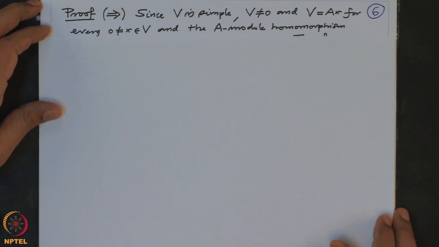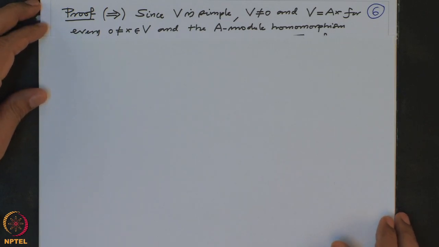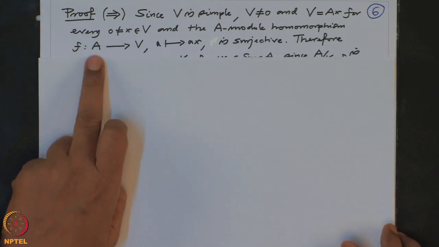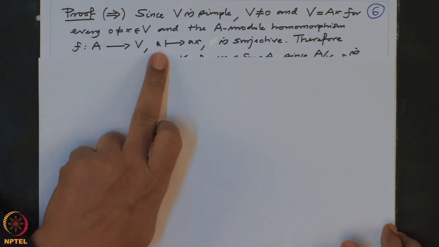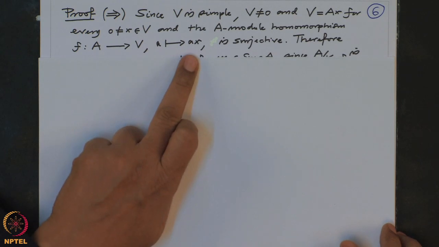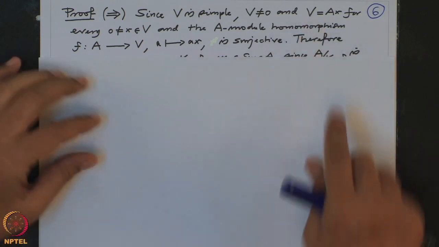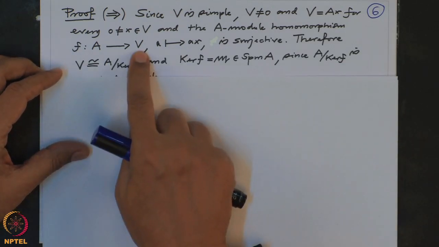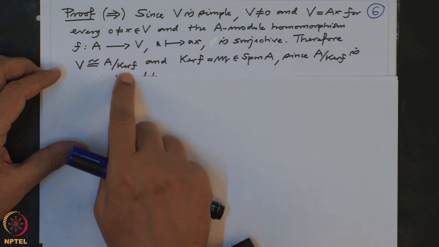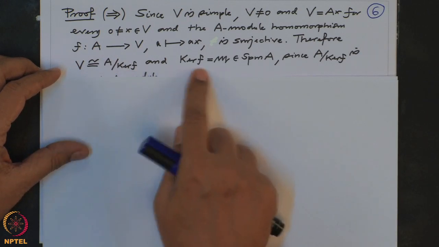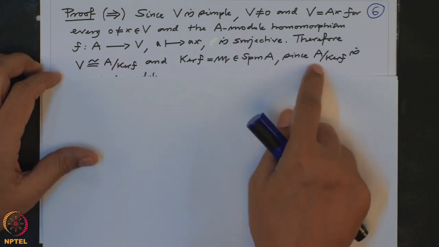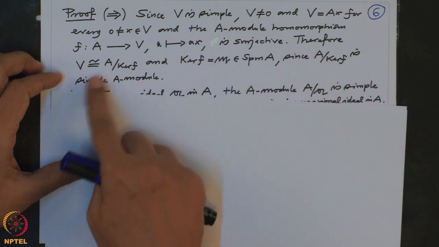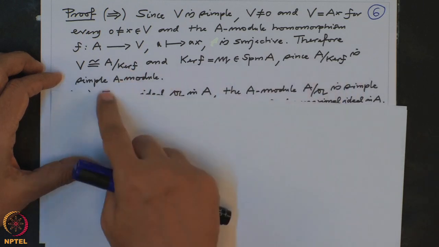So V is generated by x, and we have a module homomorphism f from A to V, mapping a to a times x. This is clearly surjective because V is generated by x. Therefore, V will be isomorphic to A modulo the kernel of f, and A mod kernel of f is isomorphic to V, therefore it is a simple module.